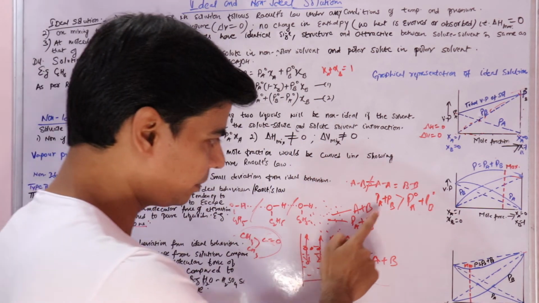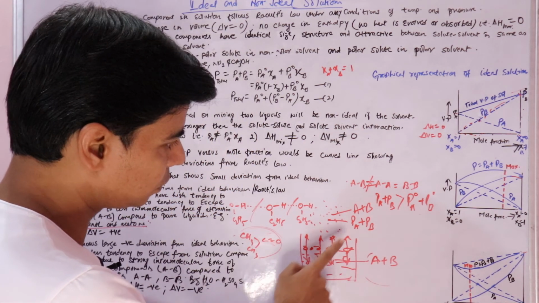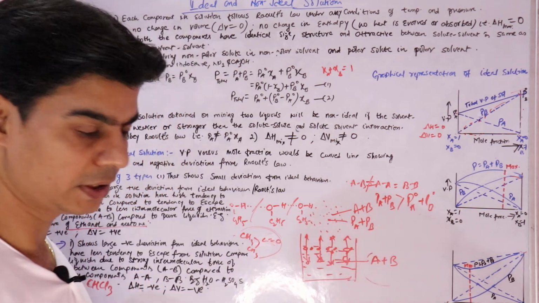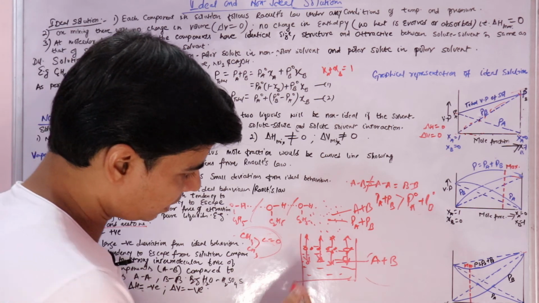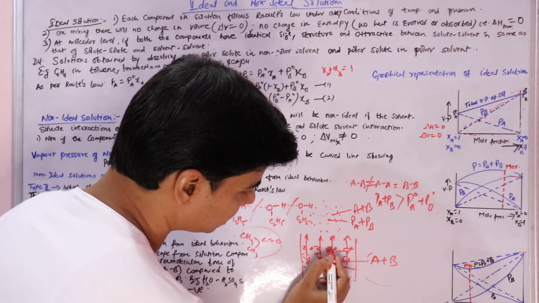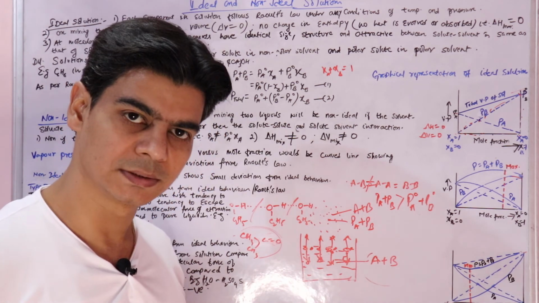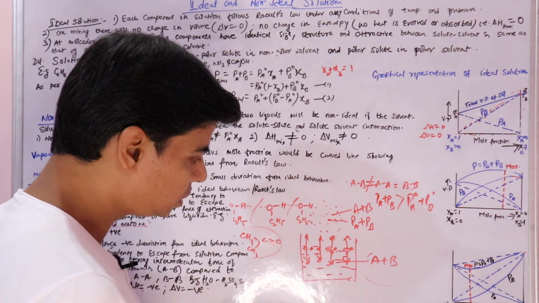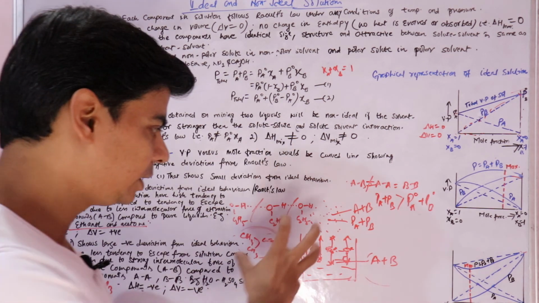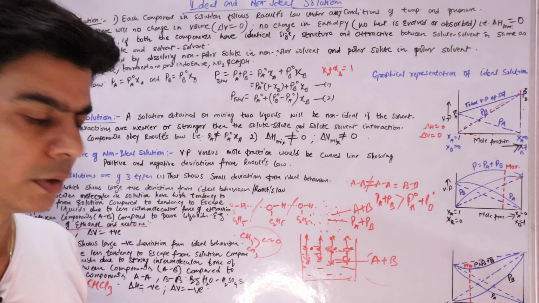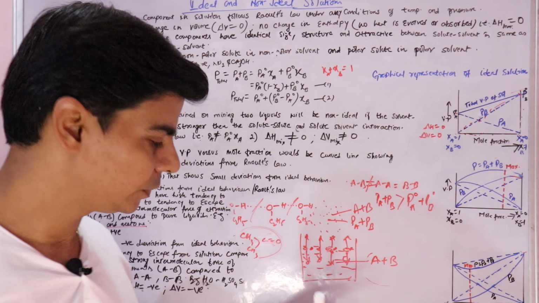Now if somehow this intermolecular force of attraction got less, then these molecules would easily escape into the vapor phase, resulting in high vapor pressure. So this is what is happening as compared to the ideal solution.